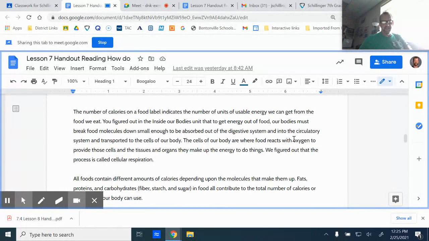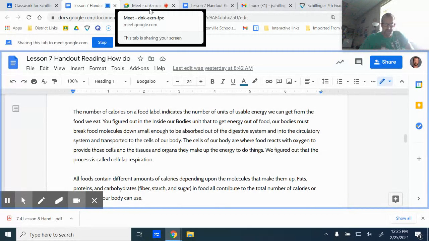Again, we didn't study this unit in here, but it's part of the material that we're using. The cells of our body where food reacts with oxygen provide those cells and the tissues and organs they make up with energy to do things. We figured out that is a process called cellular respiration. And we're going to come back and talk more about cellular respiration here in a couple days.